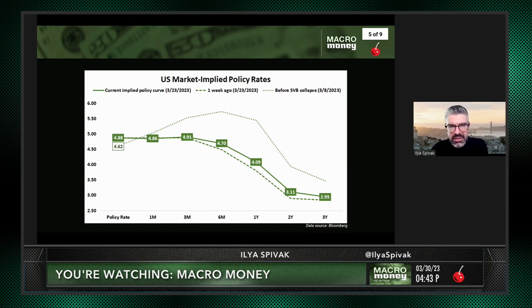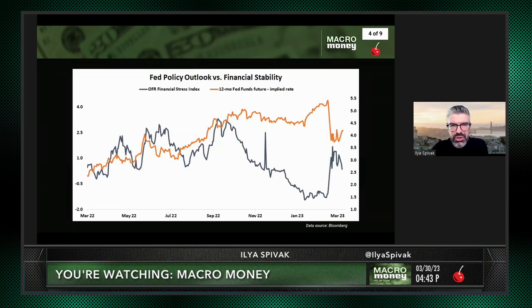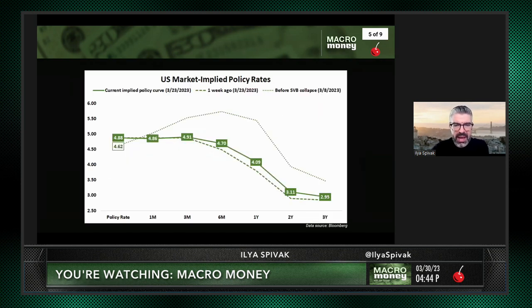Now, this ostensibly is a function of this. The reason we've had this aggressive shift in the curve is because we've had this crisis. You can see that over the past week, that's the big dashed line from a week ago, there has not really been a meaningful change. That would be that quiet in the data.